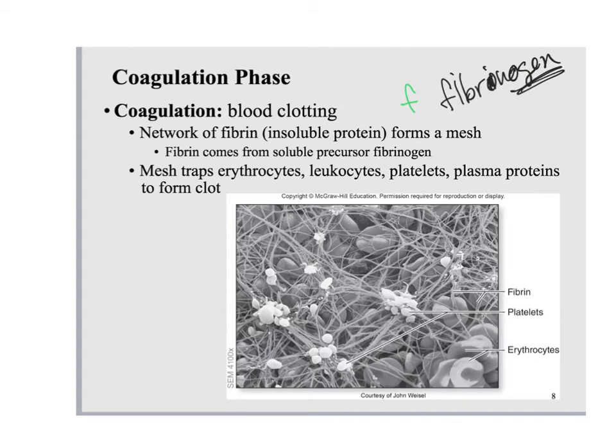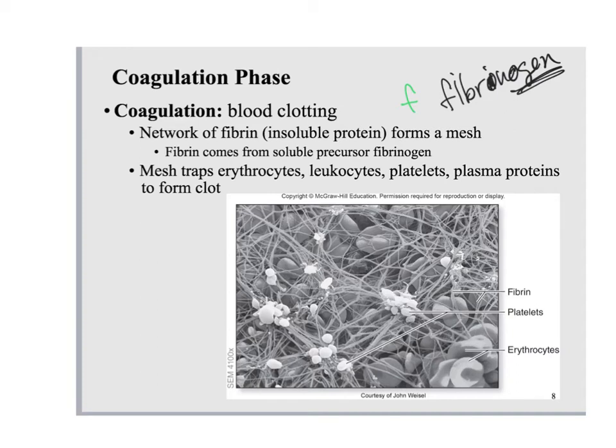This ending, N-O-G-E-N, nogen, or ogen, means an inactive form of something. So fibrinogen is an inactive form of fibrin, and it's the soluble form in blood plasma. Okay? So as blood is flowing through your veins, the capacity to clot and coagulate is there. It's always there. Okay? It just needs to be activated through this process.